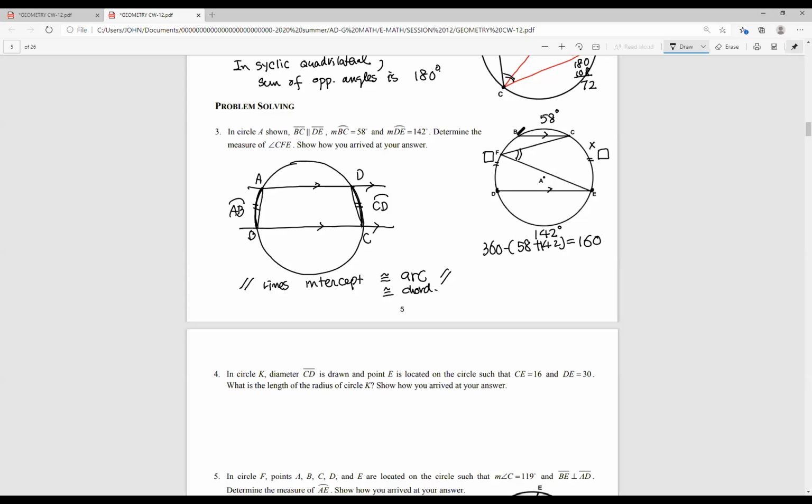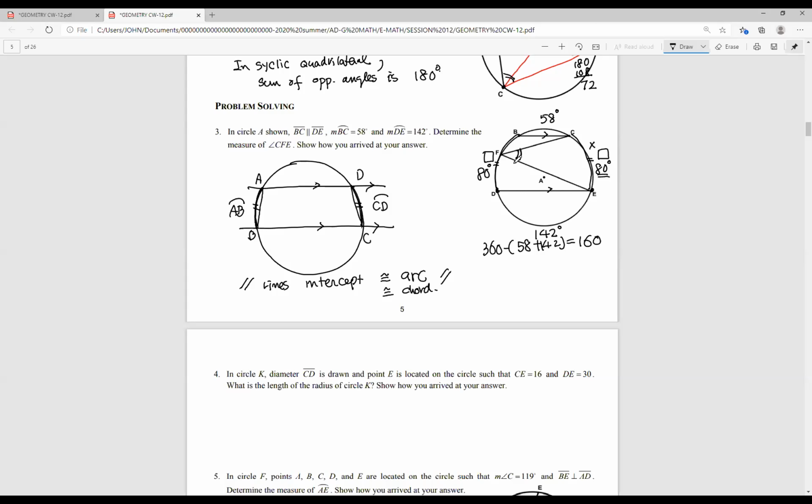But each side, from here to here, has the same length of arc. It has the same center angle, right? Okay, so each one is 80 and 80. This side 80, the other side 80. Is it okay? So this 80 is the center angle.